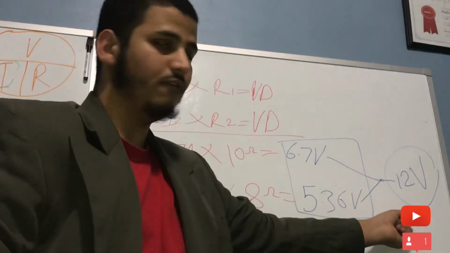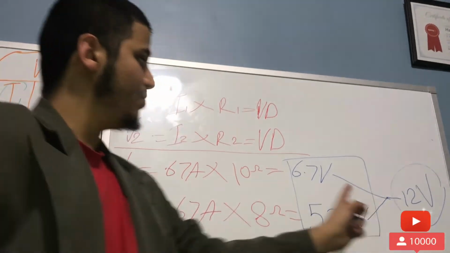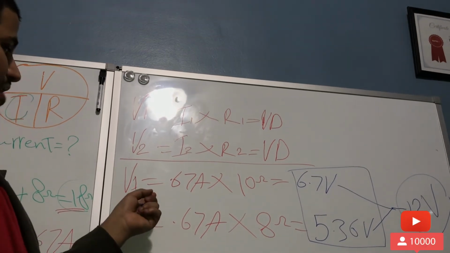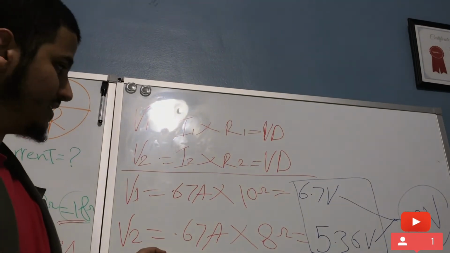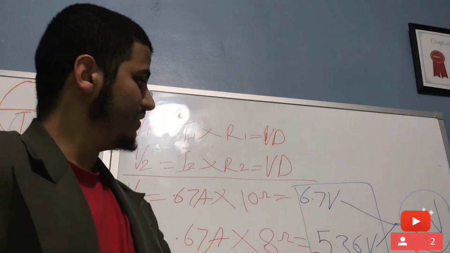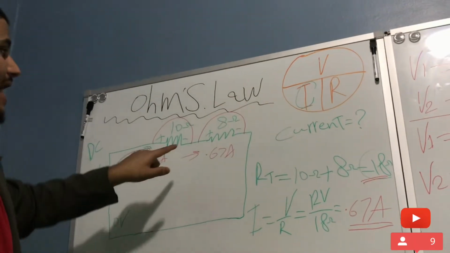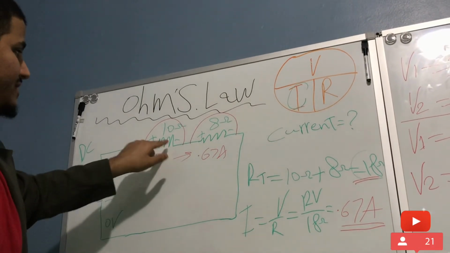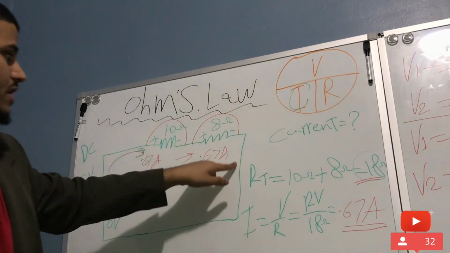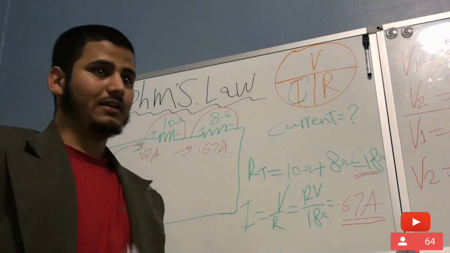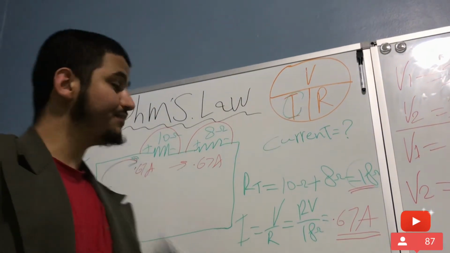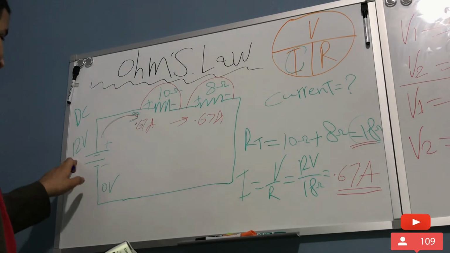What do we get for the 12 volts? We calculate the volts drop in resistor 1 and the volts drop in resistor 2, and add them up to get the 12 volts. Where is the 12 volts? Right here. If you add the voltage drop in resistor 1 and resistor 2, and do the right math, you will get the same thing.